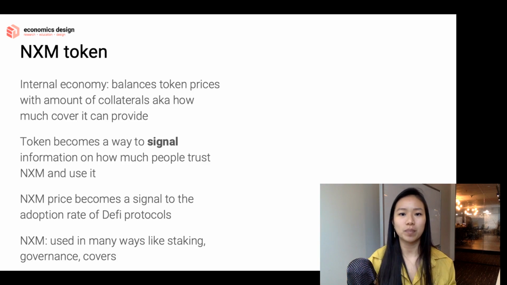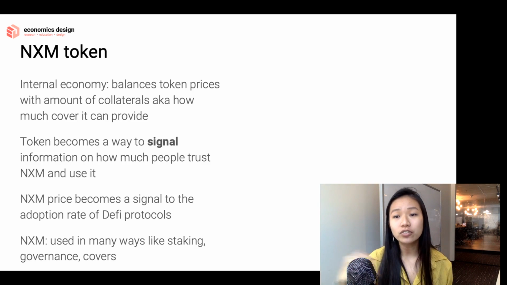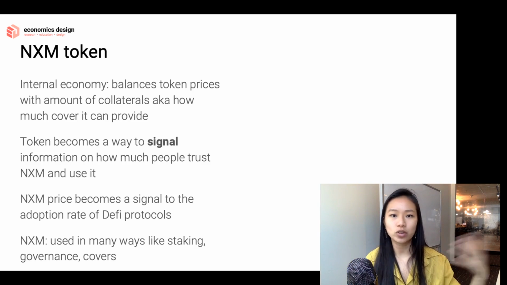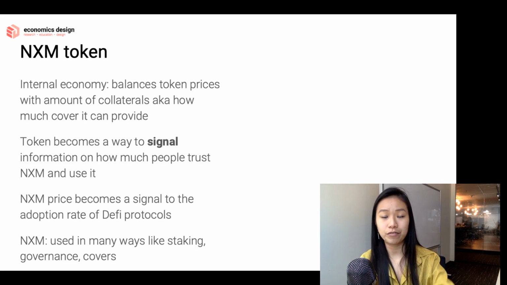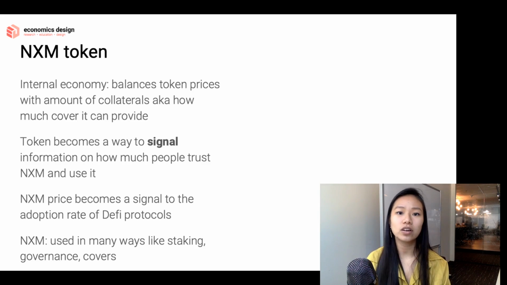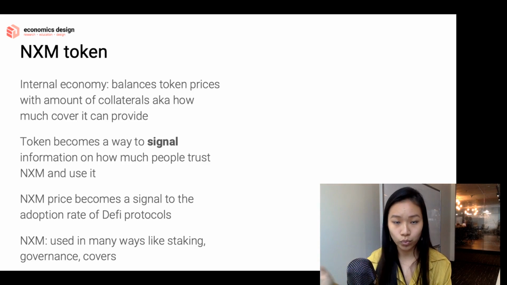It changes based on the amount of collateral. Based on the amount of collateral, the platform can provide more or less coverage. If there's a lot of collateral, then you have more funds to cover more DeFi protocols. If there's less collateral, then you just have to cover less. So if you think about it, the internal price of the token, the NXM price, not wNXM.